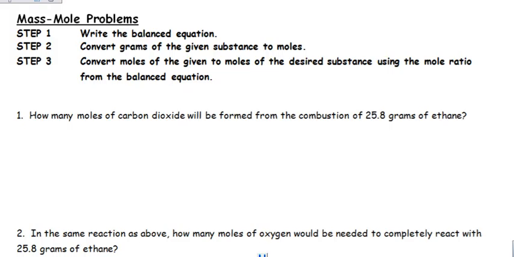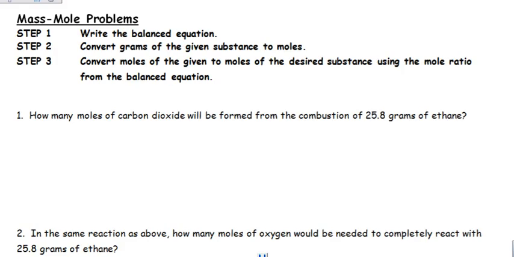In number 1, I have moles of carbon dioxide formed from the combustion of 25.8 grams of ethane. I don't care about that 25.8 grams. Right now, I just see the combustion of ethane, and I need to write the balanced equation.